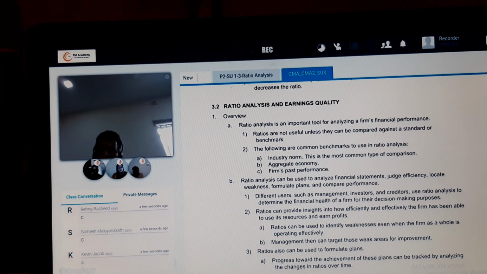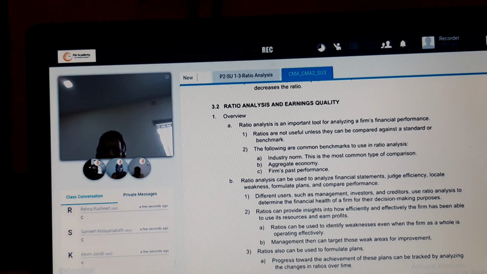But once you relate that to sales or any other number, then you can compare one company with the other, right? Then it is more meaningful. Actually, you are turning the absolute numbers into usable information where you can really understand what is happening. So ratios are very useful in analyzing the firm's financial performance.